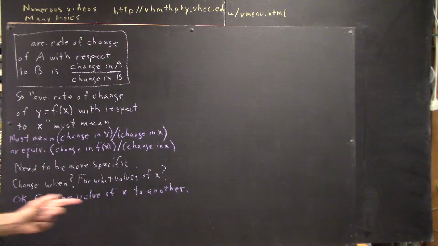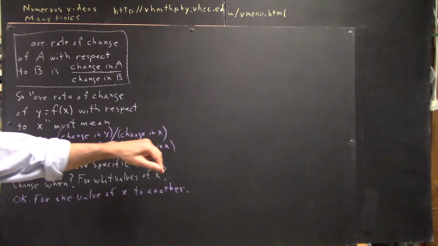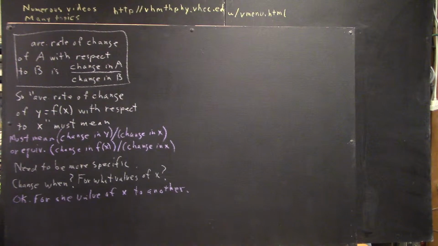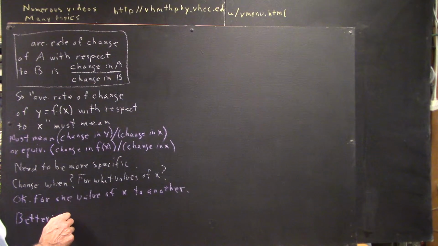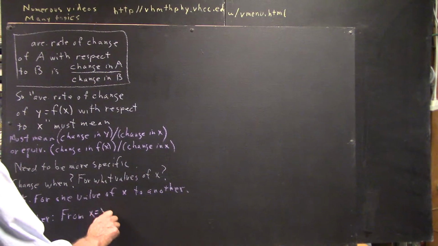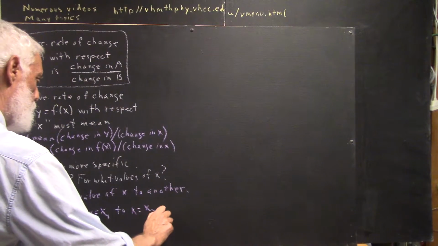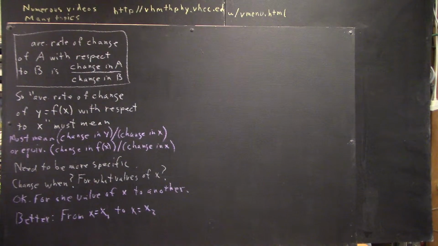Now, that's still a little bit vague because we haven't really said what value of x to what other value of x. So better, let's say from x equals x1 to x equals x2. That would be good.